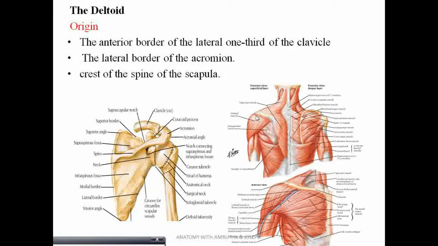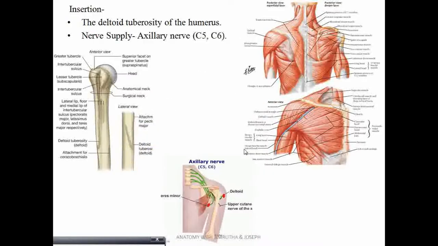Here it is originating from the crest of the spine of the scapula, and laterally the acromion. Insertion: it is inserted to the deltoid tuberosity of the humerus, which is placed on the lateral aspect of the humerus.